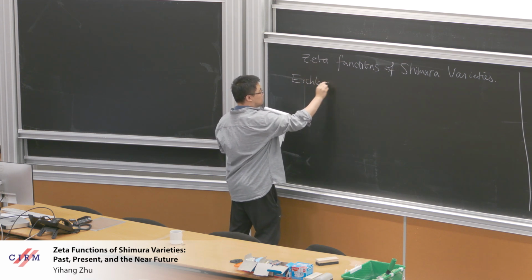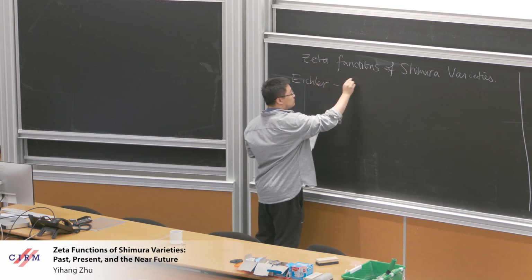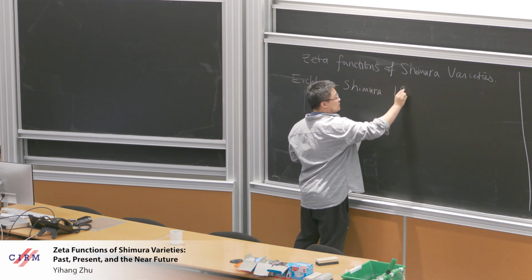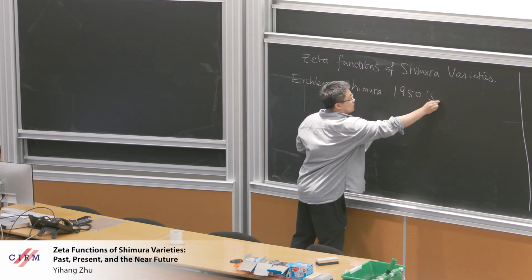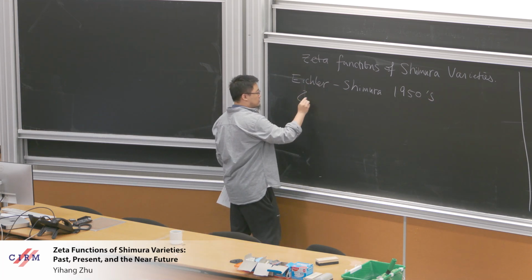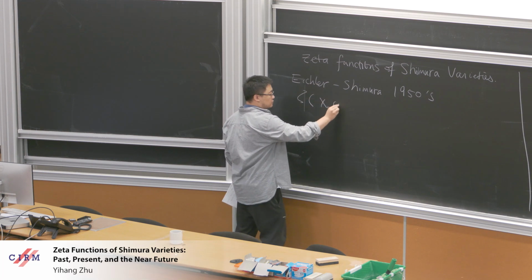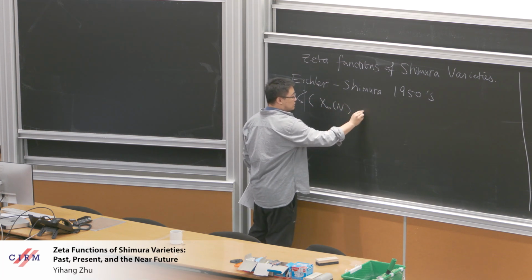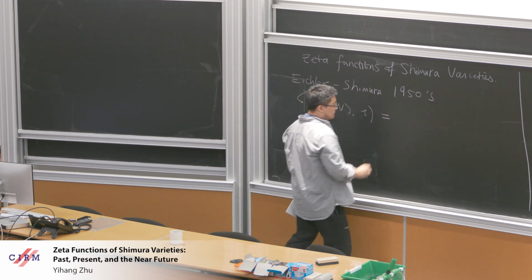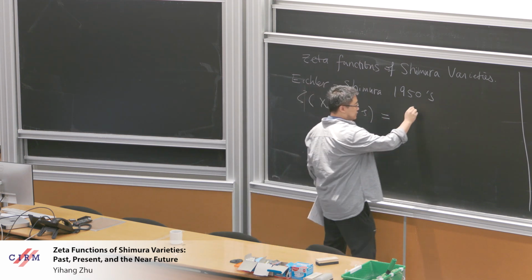Okay, so the starting point of this story is the result of Eichler and Shimura in the 1950s, where they computed the Hasse-Weil zeta function of the modular curve of level Gamma_0(N), and they showed that it is given by this formula.